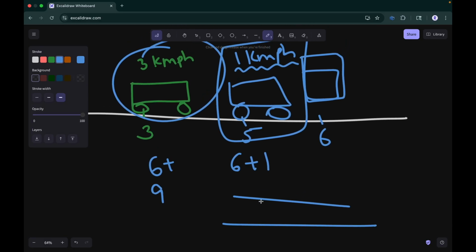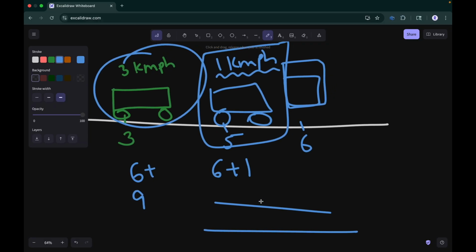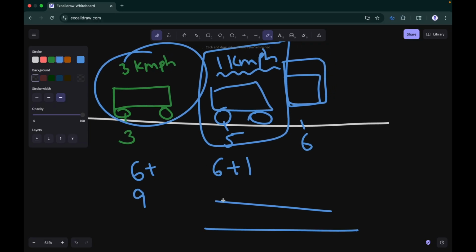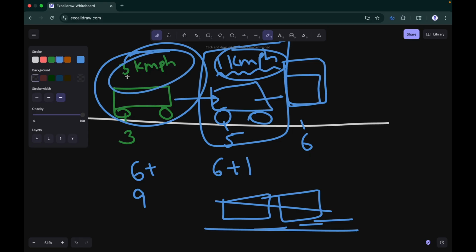If they're driving on one lane and you're in a country where rules and laws are respected, both cars will keep driving like this, and the car that was behind will only follow the car in front. It cannot go forward, and the front car's speed will become its speed. So it will drop down to 1 kilometer per hour.